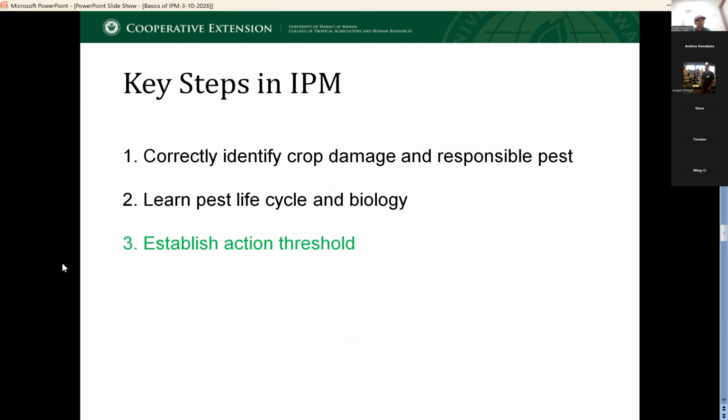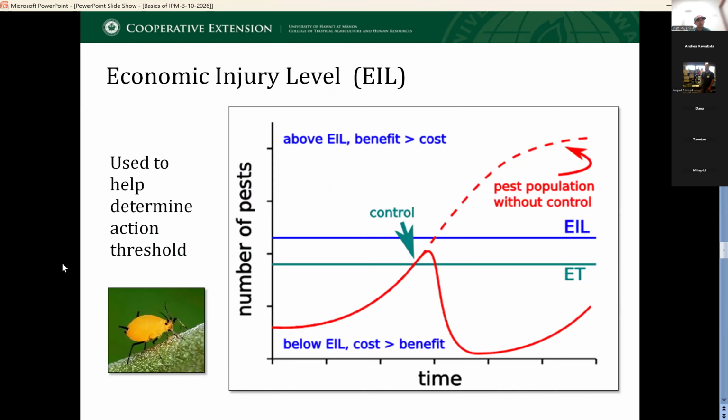Additionally, establish an action threshold. Why? An action threshold is related to how much of that pest I can tolerate so that they are not economically harming me. For example, if my threshold is 30%, and those insects are feeding on the leaves and there is 10% or 20% damage to the leaf, as long as the plant is still making photosynthesis, I don't have to spend more money to buy chemicals and labor to spray them.